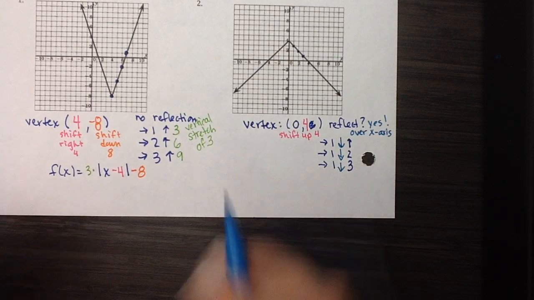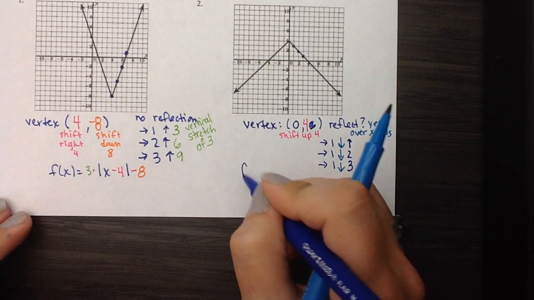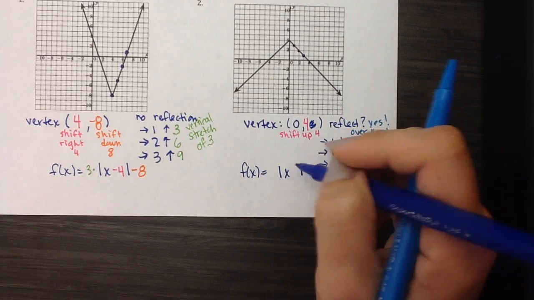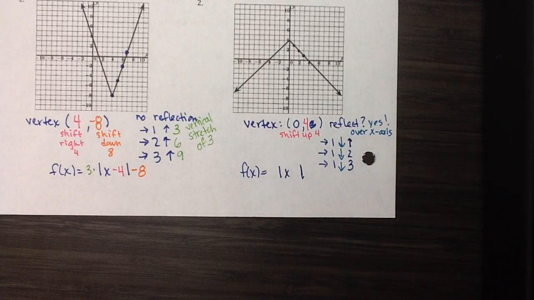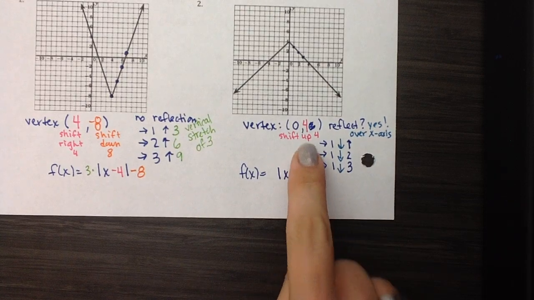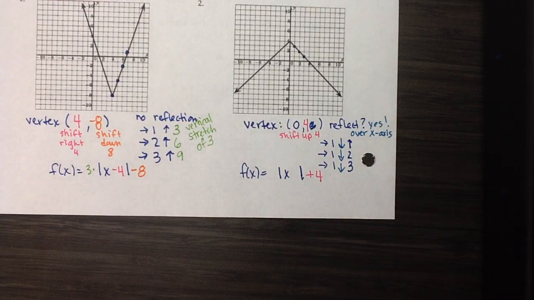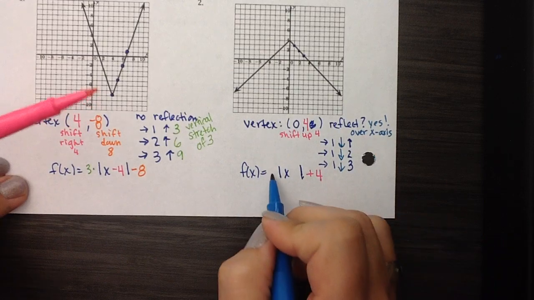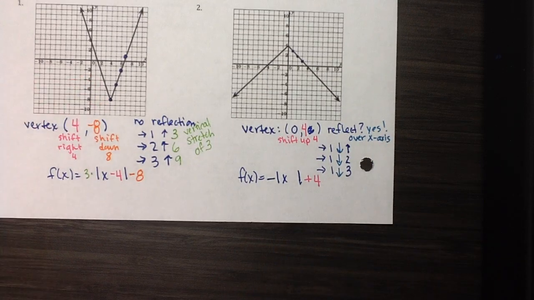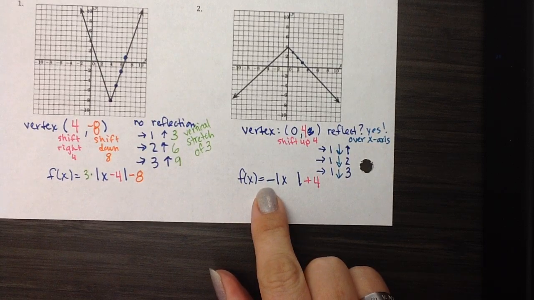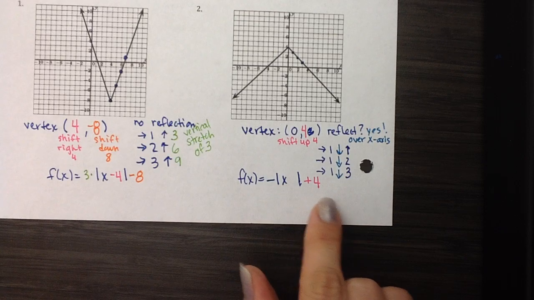So our function would be the regular f of x equals absolute value of x, and then put all our transformations in there. Up 4 means we're going to add 4 after the absolute value bar. Reflect over the x-axis means I need a negative out front. And it looks like those are my only transformations, so it would be f of x equals the opposite of absolute value of x, plus 4.